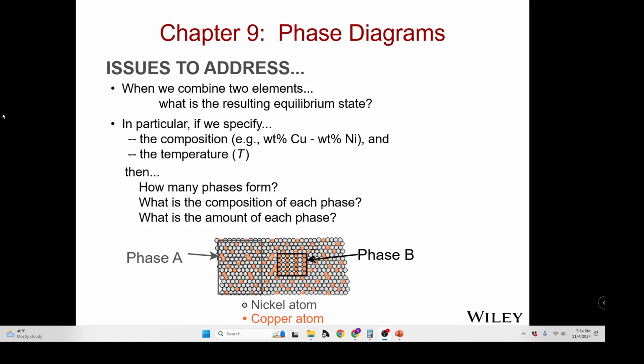All right, chapter 9. This becomes critically important for a lot of reasons. Some of the things that we want to keep in mind are that when we combine a couple different elements, we have some sort of equilibrium state.